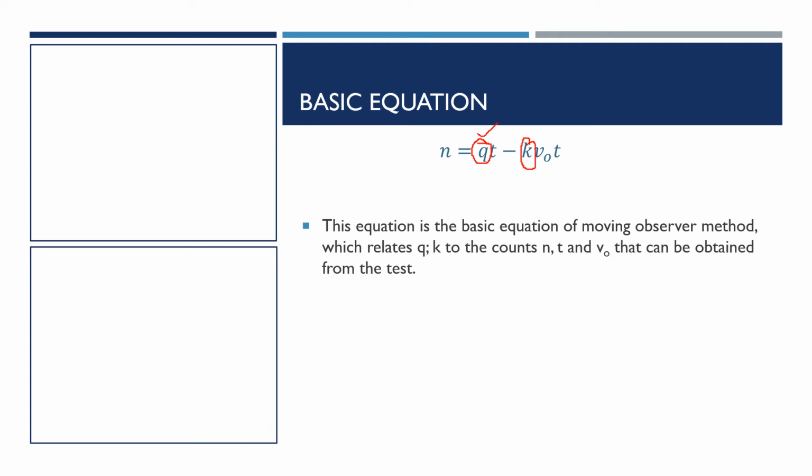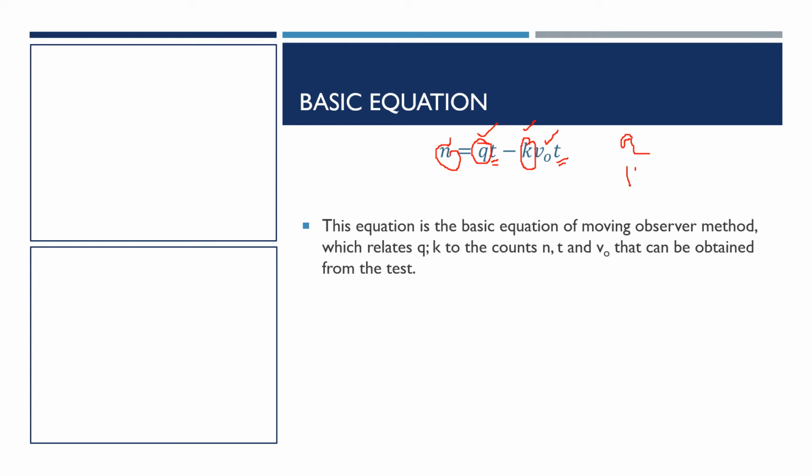That means Q and K can be calculated if we get the number of vehicles N, the time taken for travel T, and the moving observer speed, the test vehicle speed V0. These data can be taken from the test, and then Q and K can be calculated.